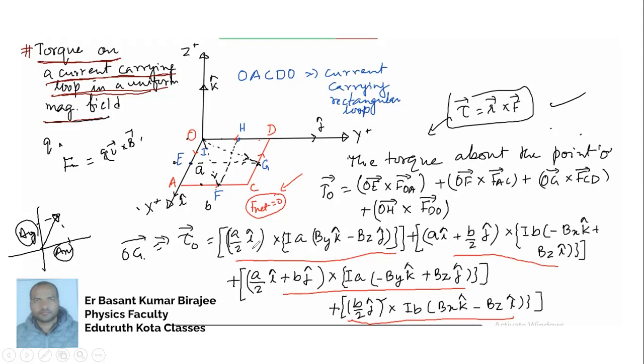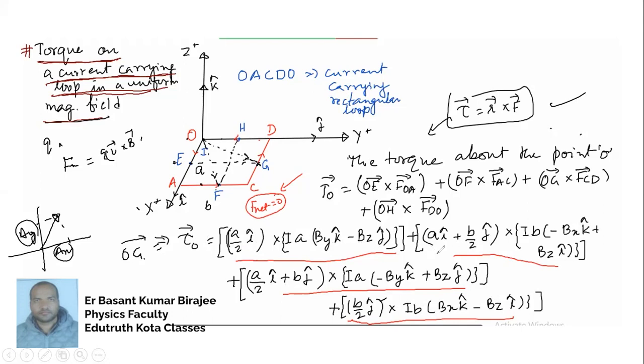So you have the expression of torque like this in a cross product, R cross F, R cross F, R cross F, R cross F. So what will you do? You will just multiply A/2 with i and take it outside, and you take a cross product of the i vector and these vectors.